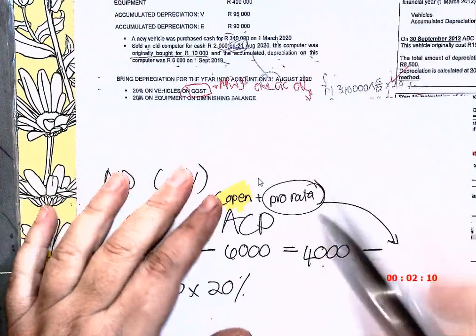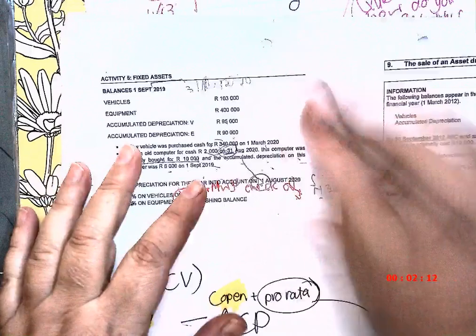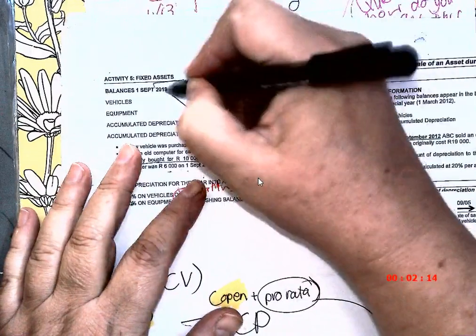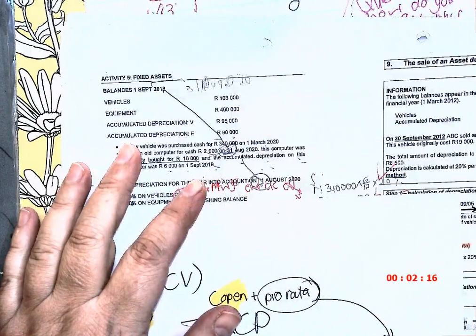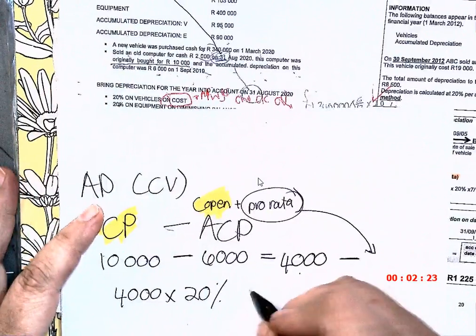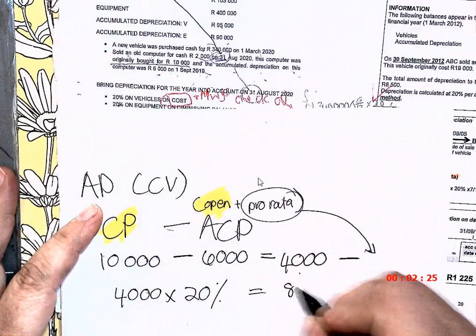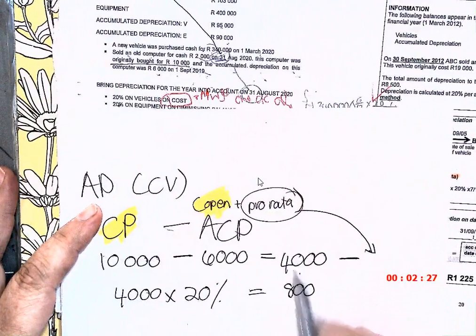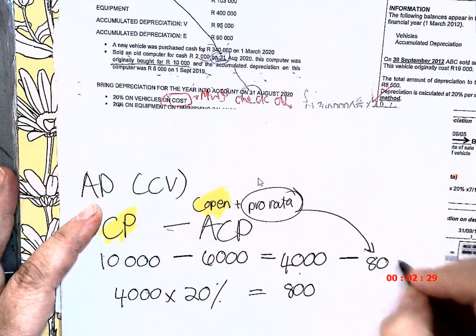And I see I sold it 31st August, and my year started 1st September, which gives me a full 12 months. Is everybody with me? And that's how I then say this gives me 800. So from that 4,000, I need to subtract the further 800.